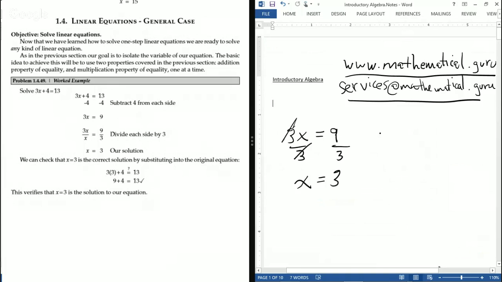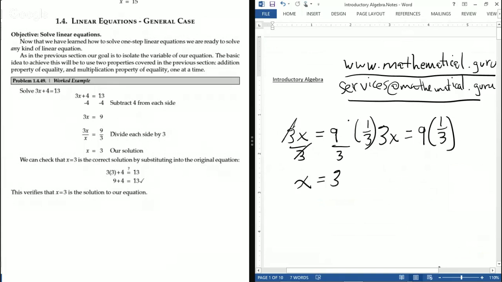Notice that, again, if I have 3x equals 9, dividing by 3 is the same as multiplying by 1 over 3. But we don't really say that. It's a little too complicated to say, well, let's just multiply both sides by the reciprocal of the number. Instead, we just think of this as, hey, just divide by 3, okay?